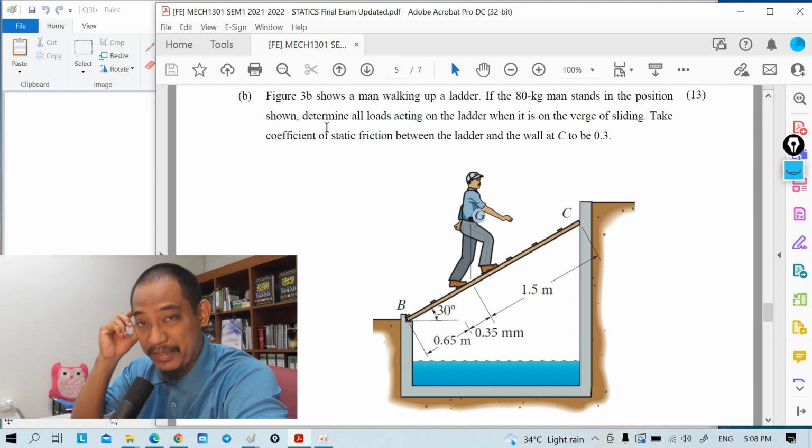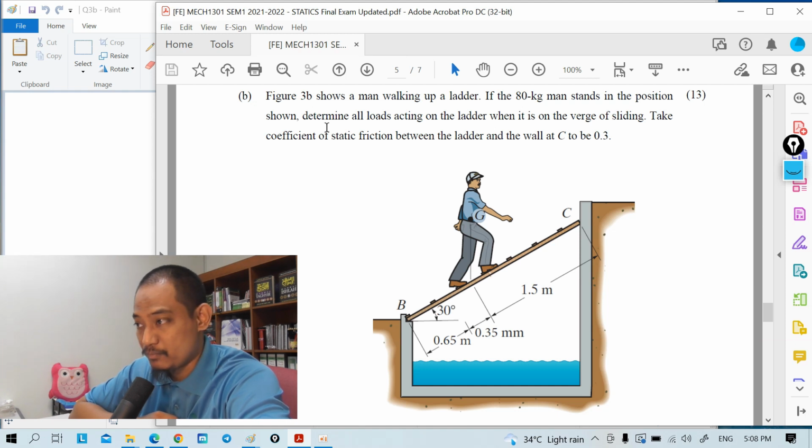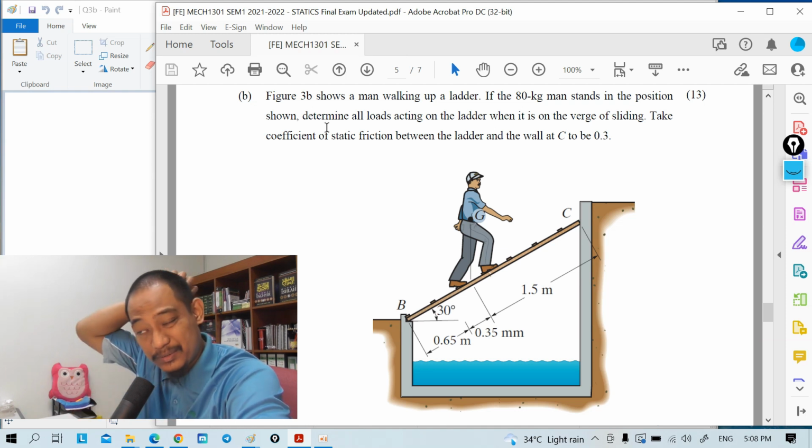This is an impending motion situation, where the static friction equals the maximum friction. Take the coefficient of static friction between the ladder and the wall at C to be 0.3.